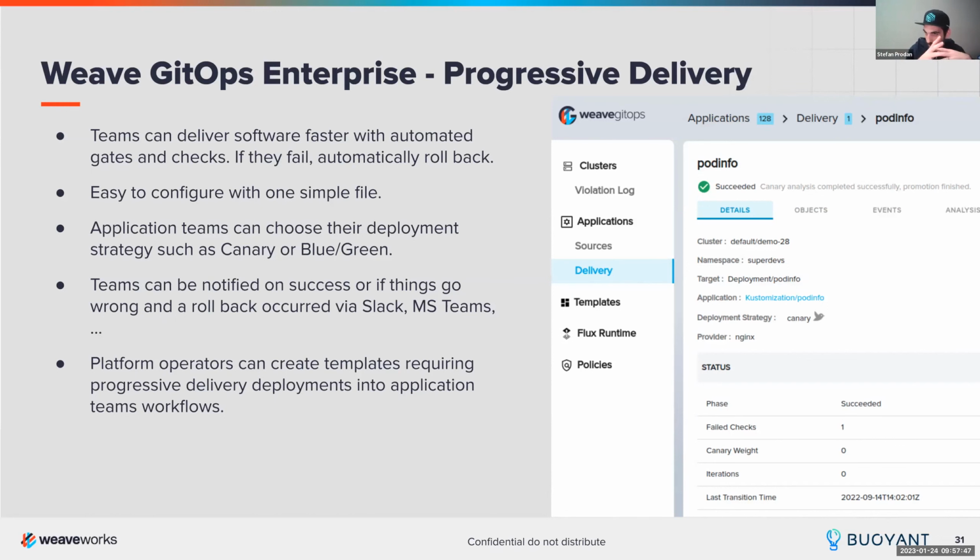It shows the versions, which versions are deployed, and so on. And Linkerd shows how traffic goes, and that's one of the things that Weave GitOps Enterprise has.